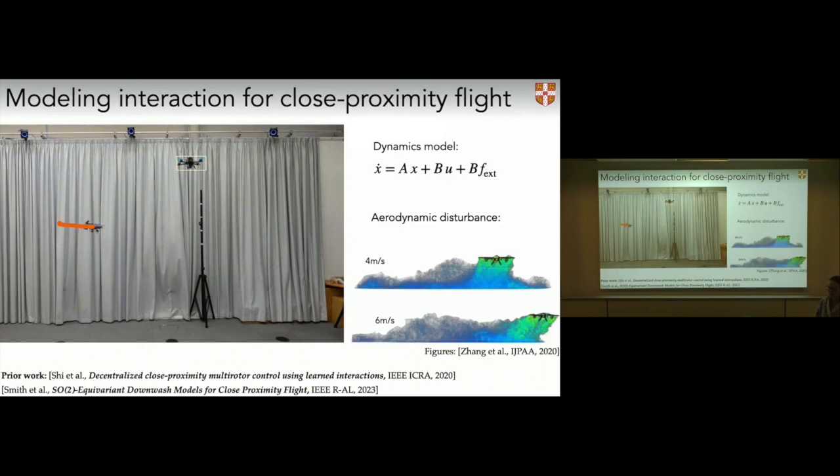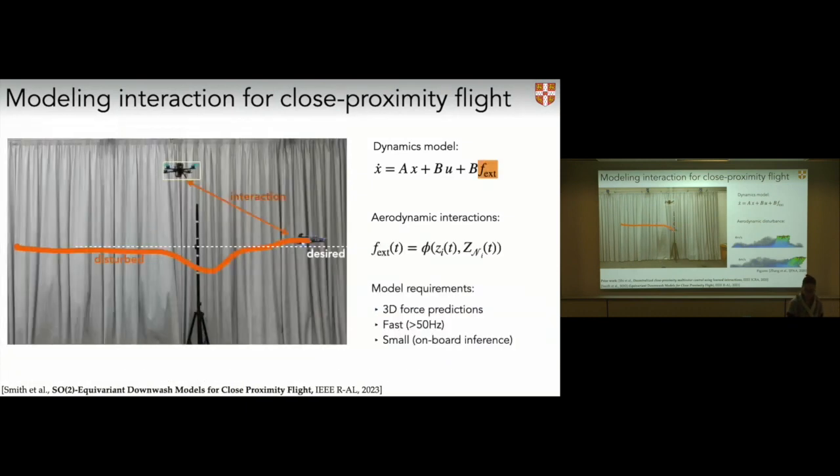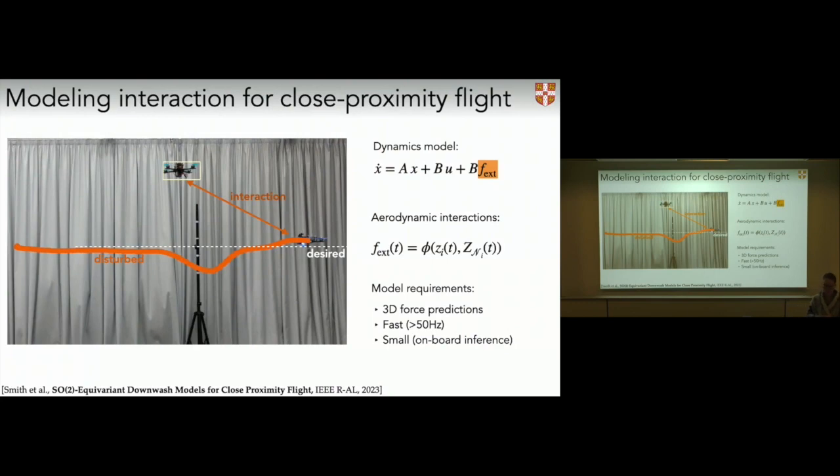And so this is kind of the backdrop of why we tackle this problem with our solution. So here is the actual model. We have the dynamics model of the drone, of the sufferer drone, and we want to estimate this external force so that we can include it and counteract it within our controls.